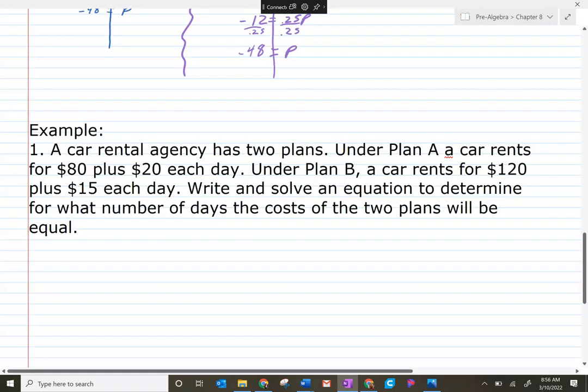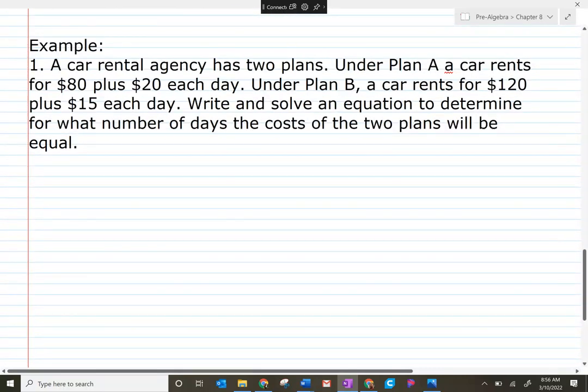Yeah, we have one story problem. We'll work through the story problem, then you guys have your assignment for today, because you do have one story problem for your assignment. Okay, it says a rental car agency has 2 plans. Under plan A, a car rents for $80 plus $20 each day. I can write that as $80 plus $20 each day.